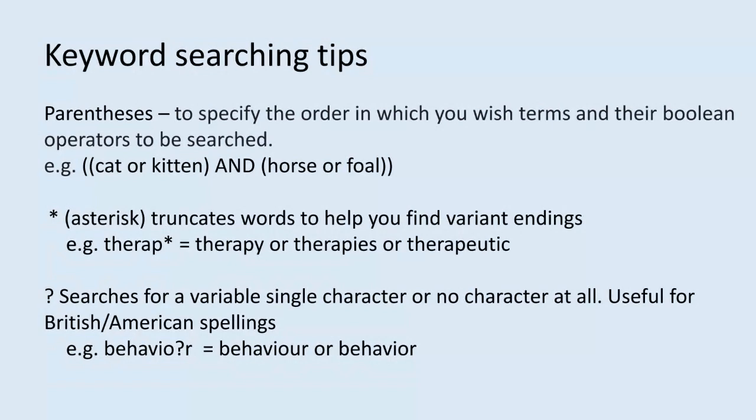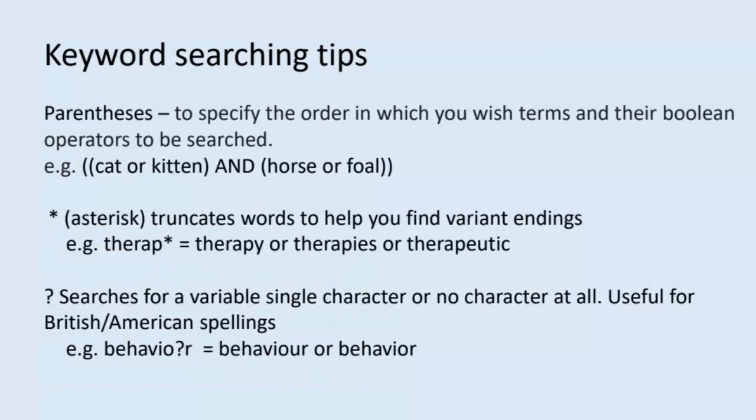When Sally does the demo, you'll see that often, if you're building an advanced search in a database, the brackets are put in there for you, but it's really useful to know about the power of brackets, because it might be just the thing that you need to control how the search is conducted in a database. We can use the brackets to control the order in which our search is done.